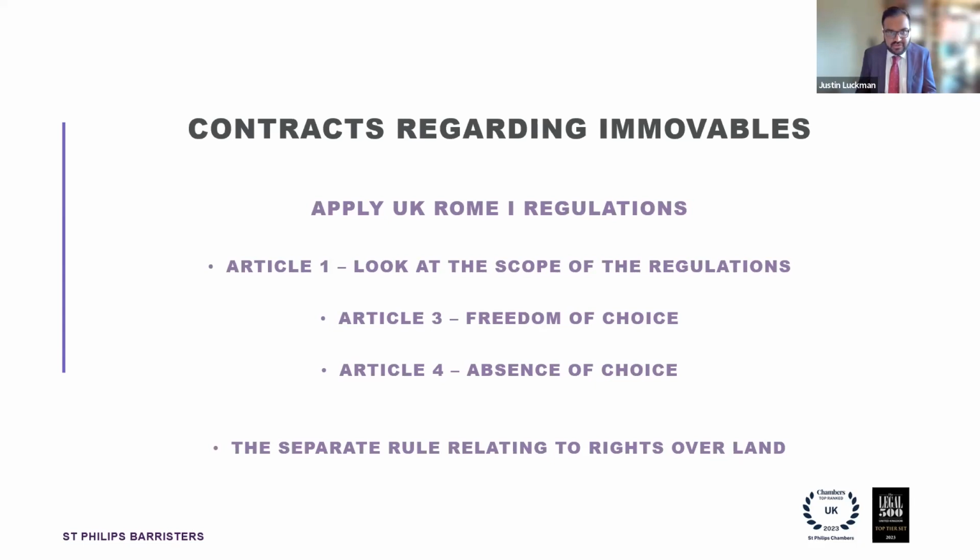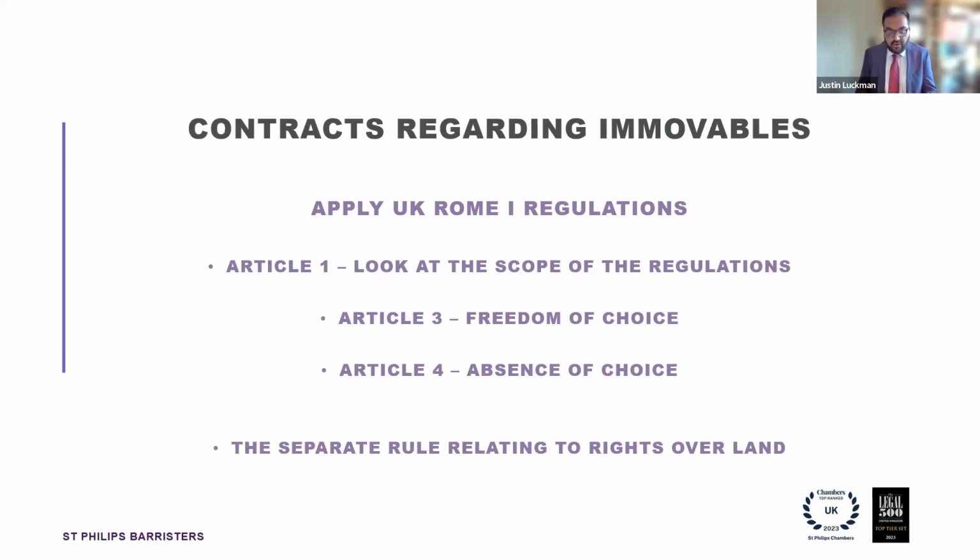There aren't any material changes to the original Rome 1 regulations at all, aside from the fact that where it says, for example, member states, it refers now to, I believe the wording uses states in general. So it's not specifically relating to member states within the EU. So here we're concerned with UK Rome 1, as I say, it's not materially different to the original Rome 1 regulations.